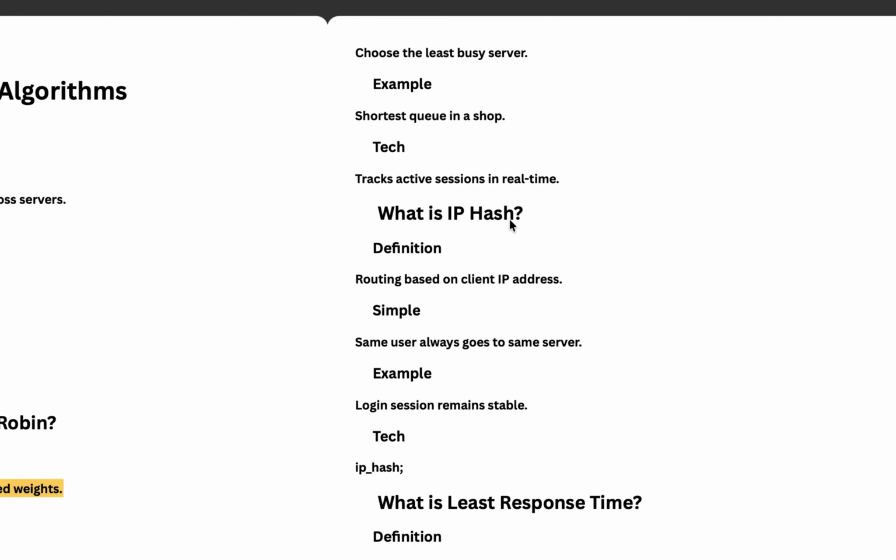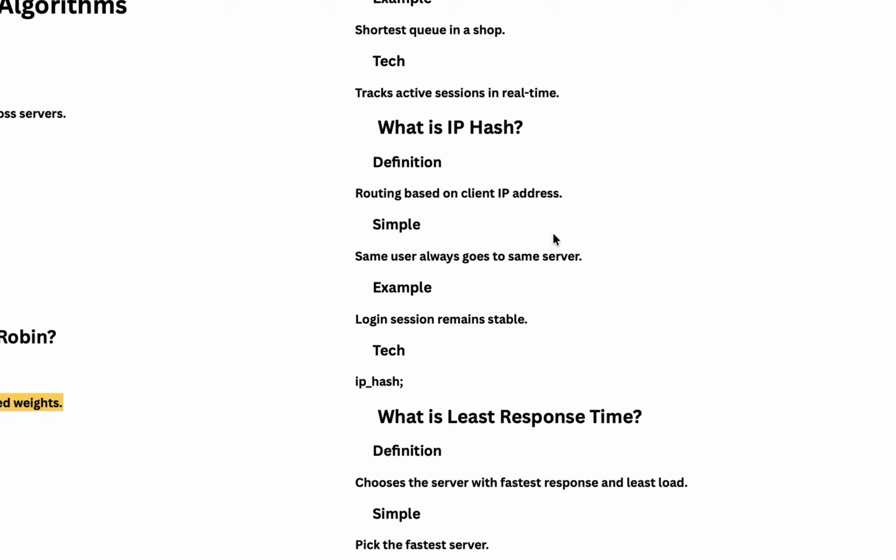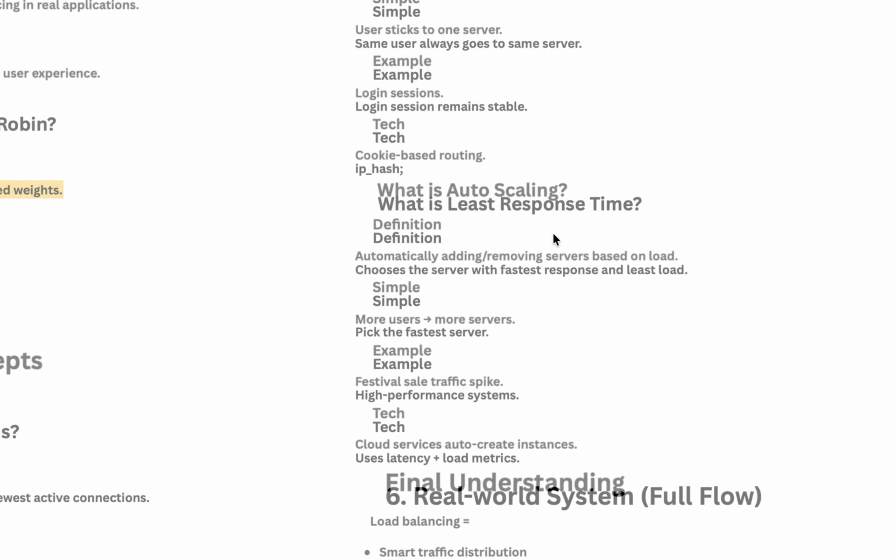Suppose a user came to server A the first time, and then again after some time he comes, then the load balancer would redirect to server A only, because the IP of that machine will go into the same hash function and will eventually deliver it to server A only.